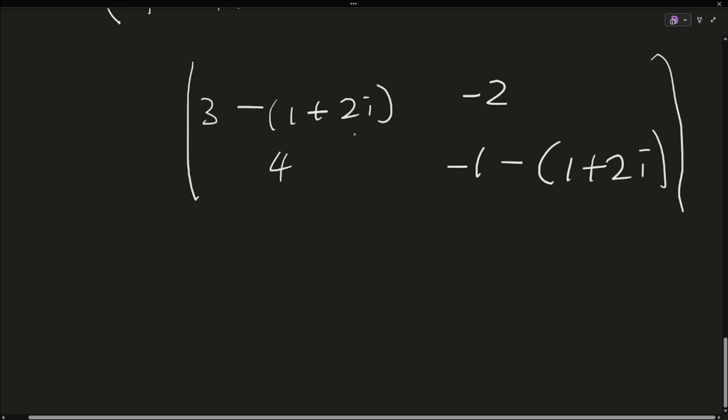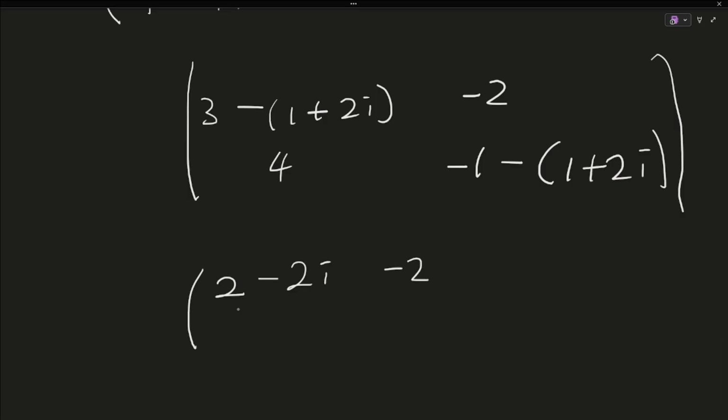And if we further simplify, our matrix will be 2 minus 2i, negative 2, 4, negative 2 minus 2i.